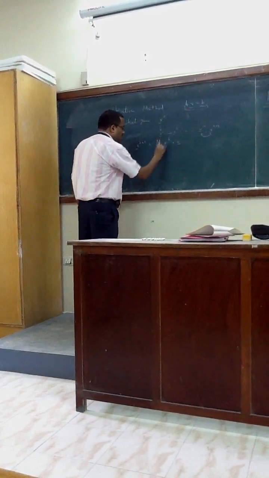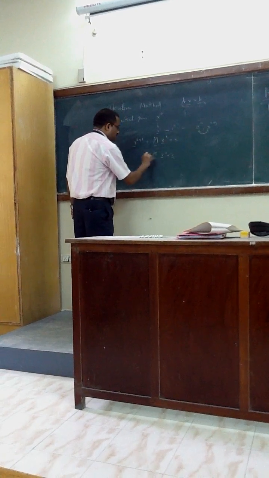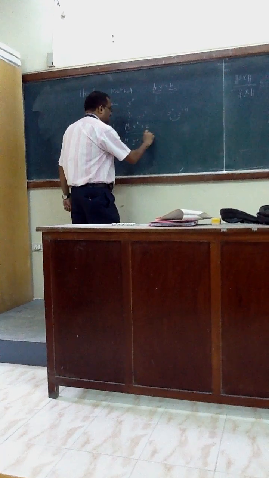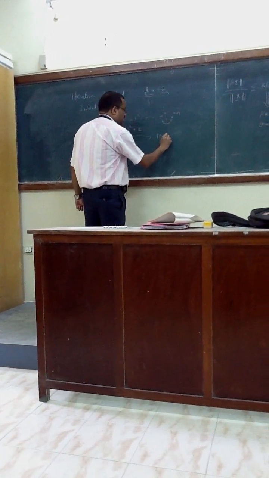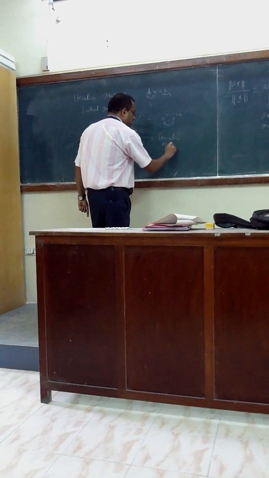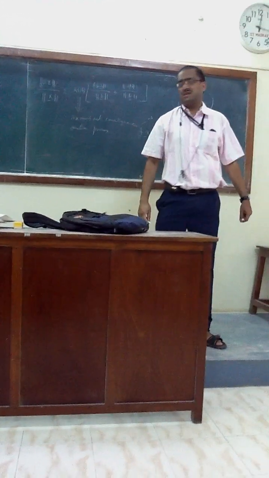So x0 M plus c equals x1. That's what it says. This M is called the iteration matrix.